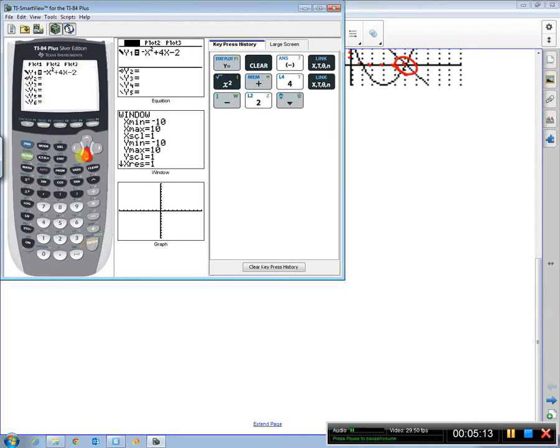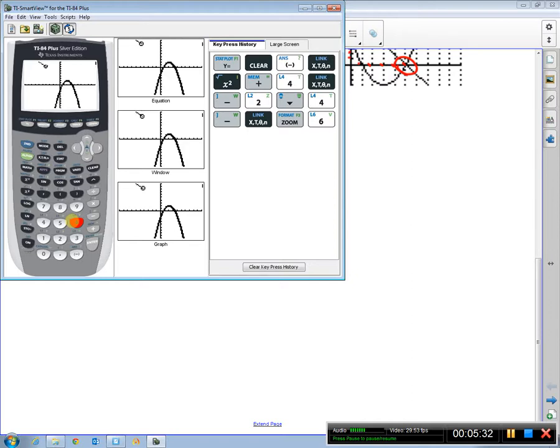Great. And my other equation, 4 minus x. So I will do a zoom 6. Remember we had changed our windows when we were graphing word problems.